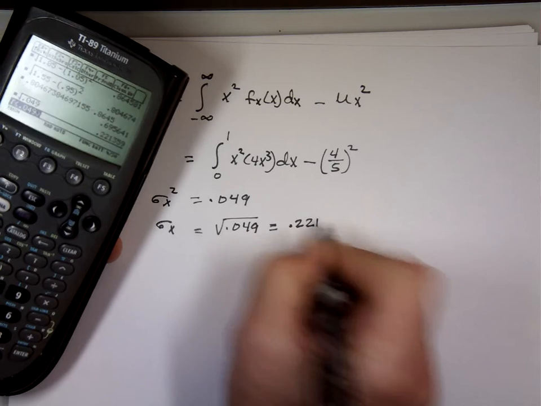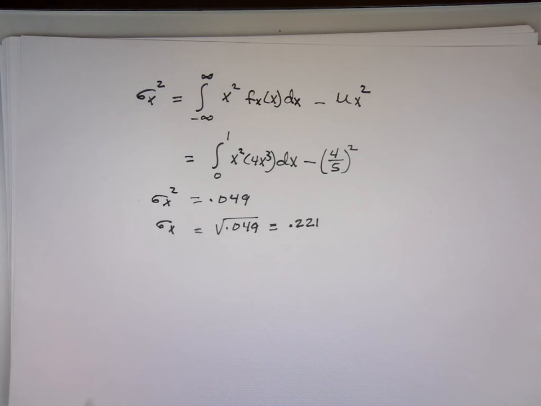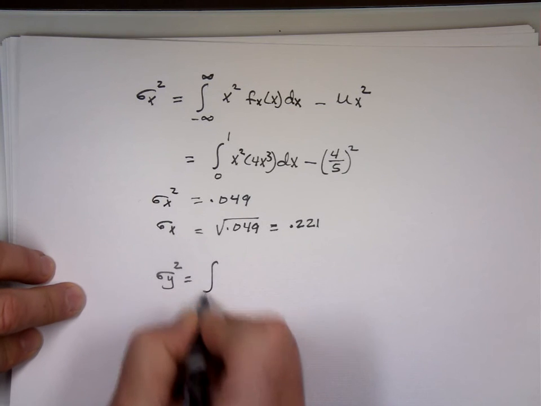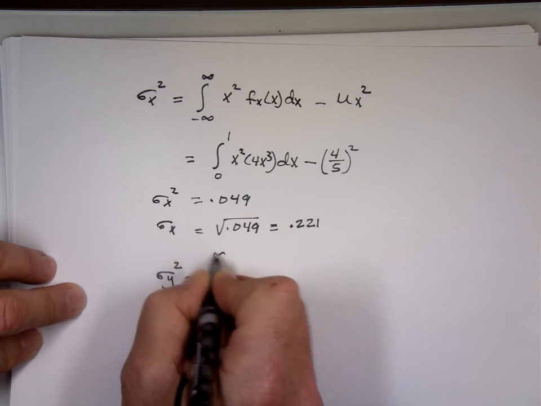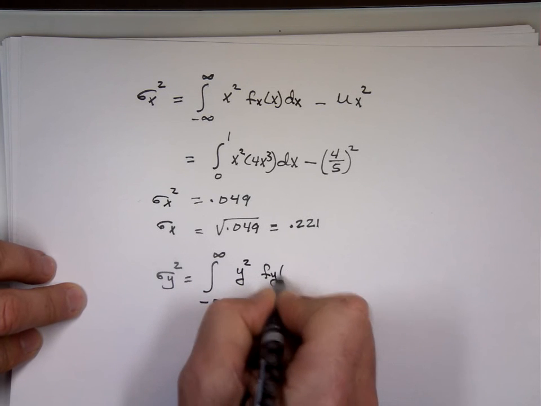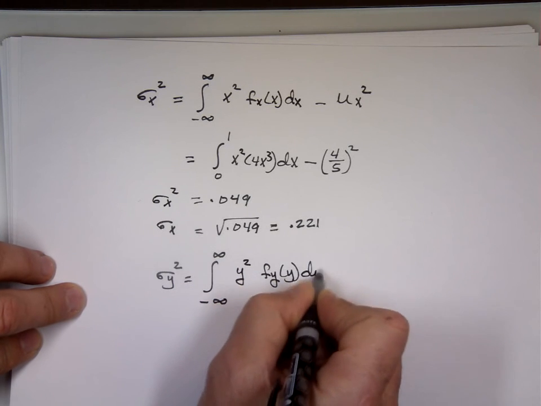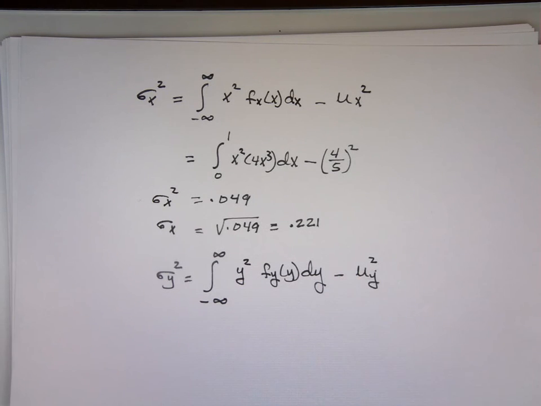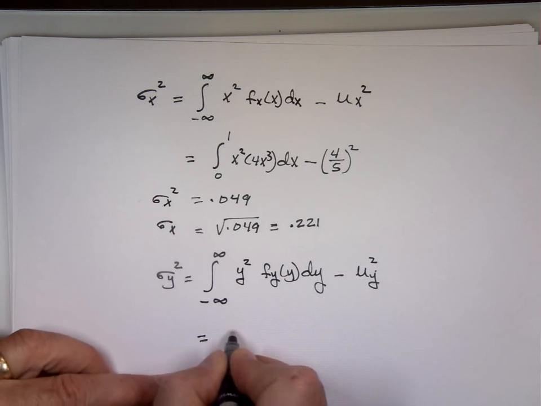And let's find sigma y. So sigma y squared equals the integral from negative infinity to infinity of y squared times f of y dy minus mu y squared. The y value again goes from 0 to 1.